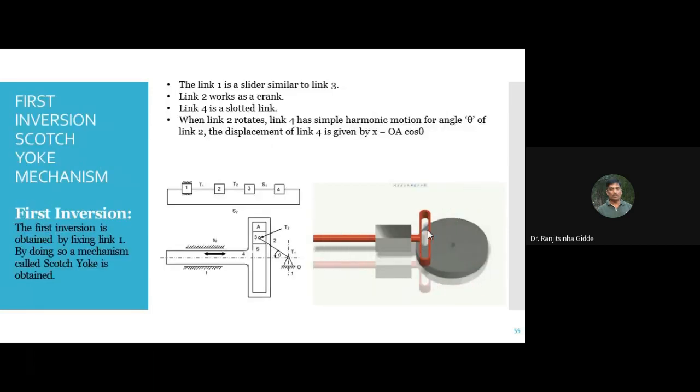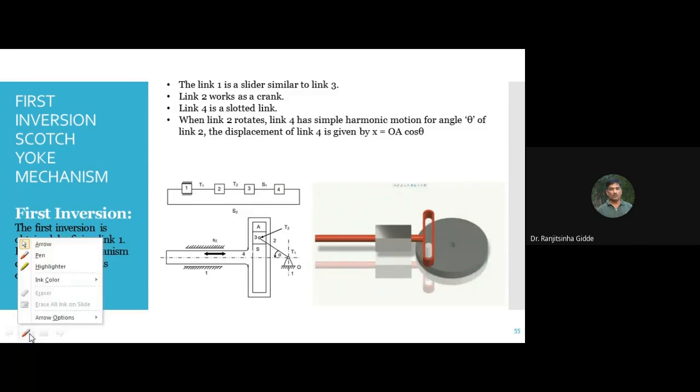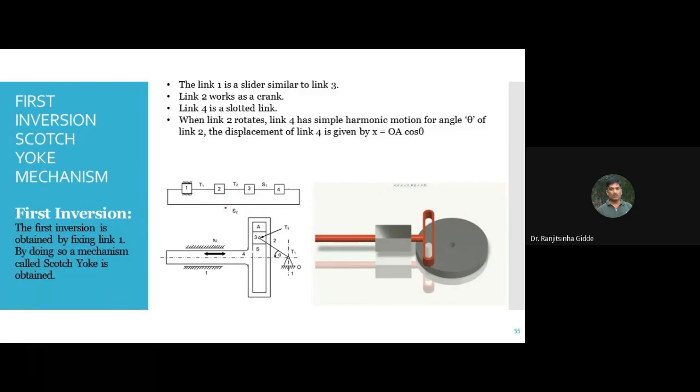Okay. Now let us see the first inversion of this double slider crank mechanism. So one schematic is shown here. First I will explain and then you can check the animation. So this one is link 1, this is link 2, this is link 3, this is link 4.